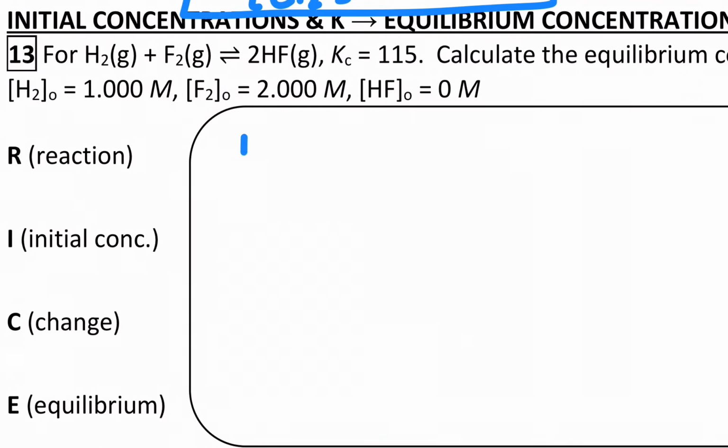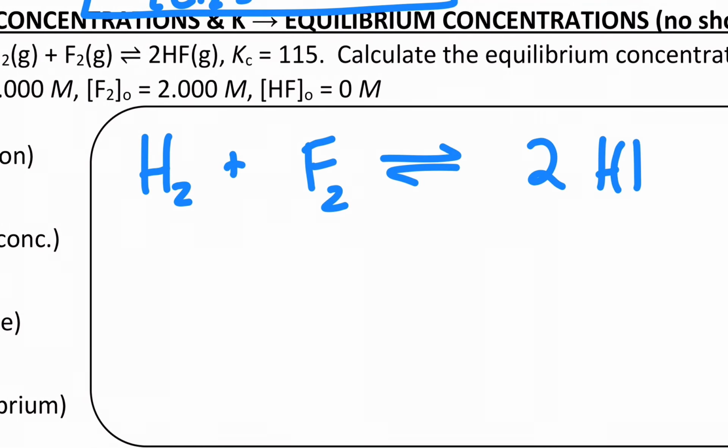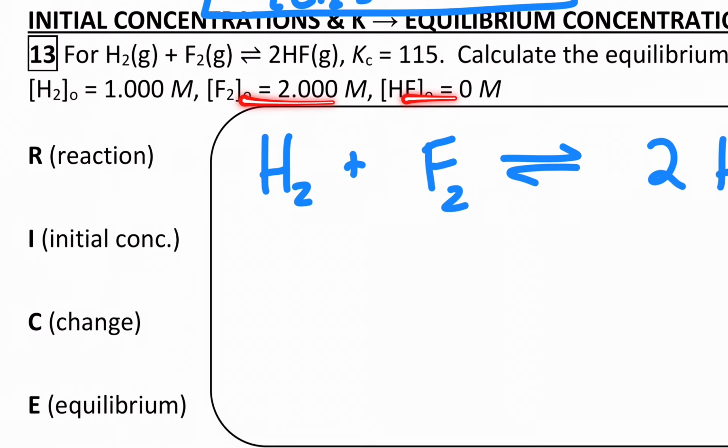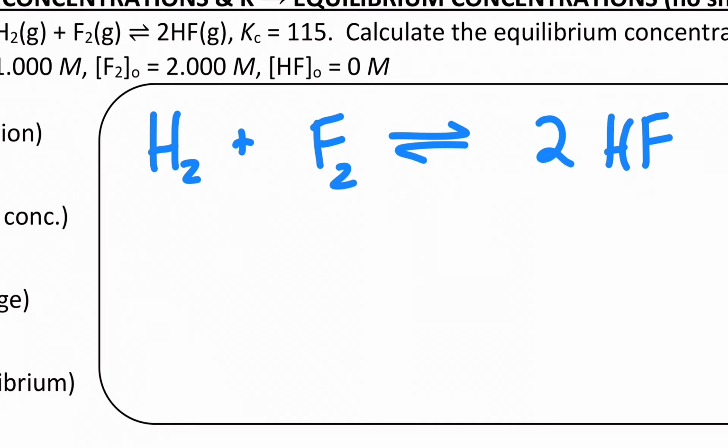So the first thing is just to write the reaction, hydrogen plus fluorine reversibly forms 2 equivalents of HF. They're giving me molarities. I'm going to assume this is one big gas phase reaction, so I'm just going to use molarities. So I have 1 for the hydrogen, 2 for the fluorine, and 0 for the HF initially.